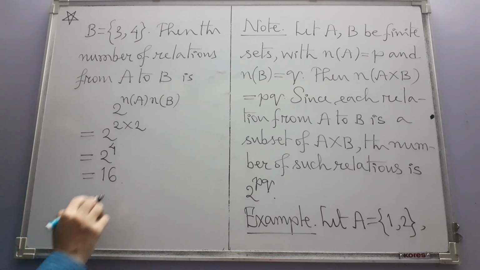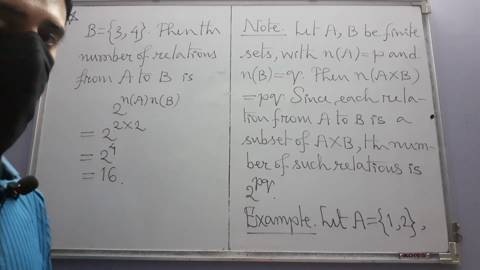In total, we will have 16 possible relations from A to B.